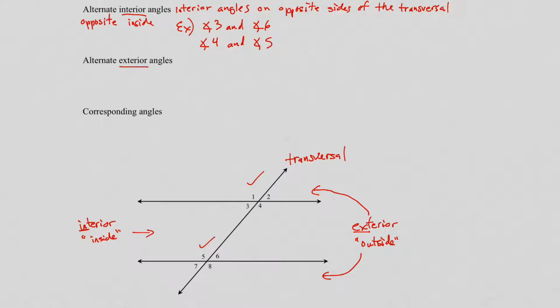Now let's take a look at the alternate exterior angles. So the alternate exterior angles would be outside angles that alternate. So that would be like 1 and 8. And also 2 and 7.